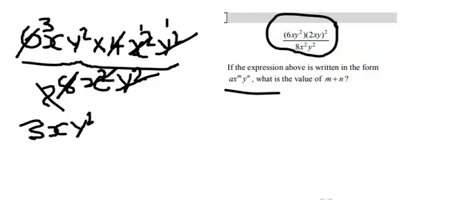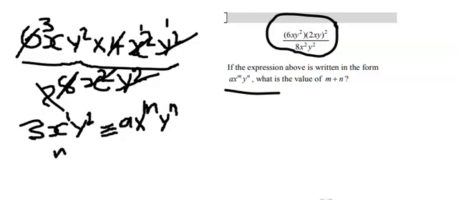Now if we compare this to this, let's say this is equivalent to a x raised to power m, then y raised to power n. Remember what we are looking for is m plus n. So if we compare this, you can see that the power of x here is 1.